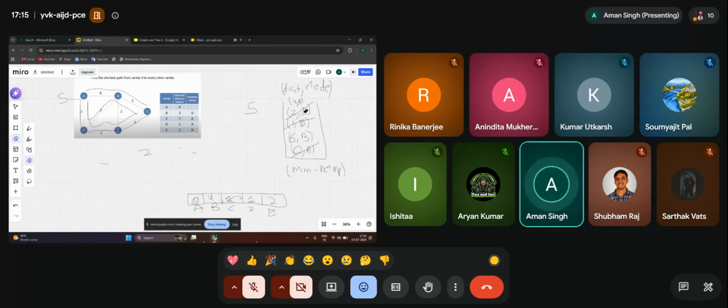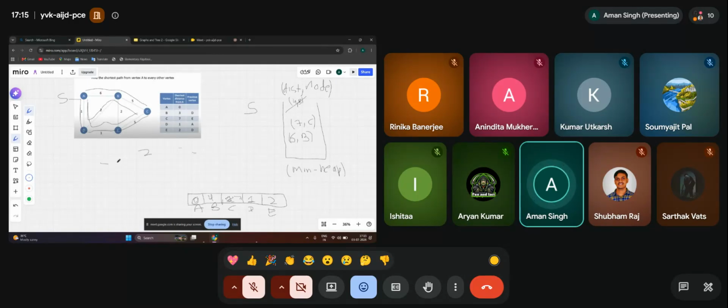Let me erase the elements which are not present here, so that it will be better to visualize. Next, we were reaching C at a cost of 7, right? So we will add 7 comma C. Now the top element will be this, right?